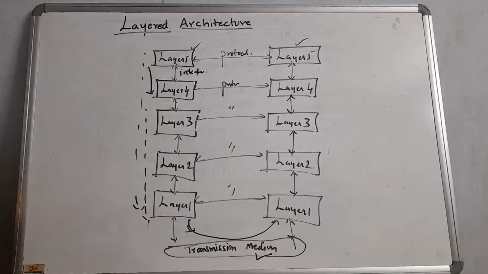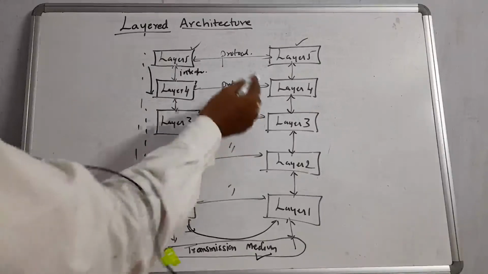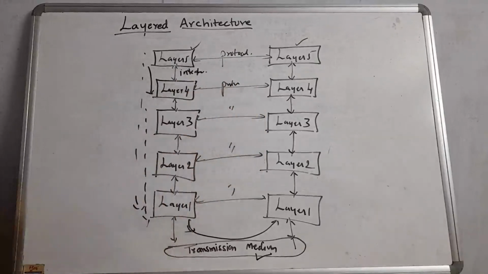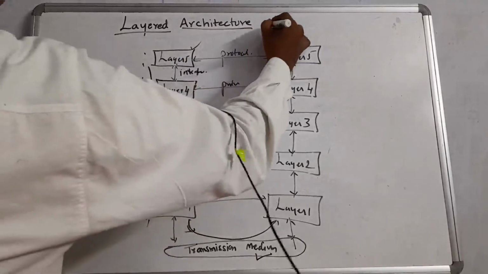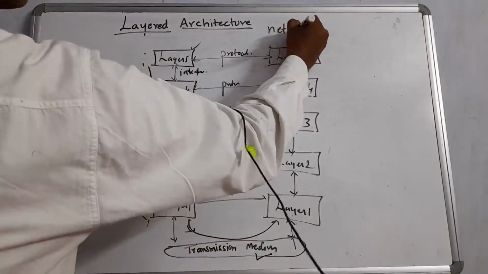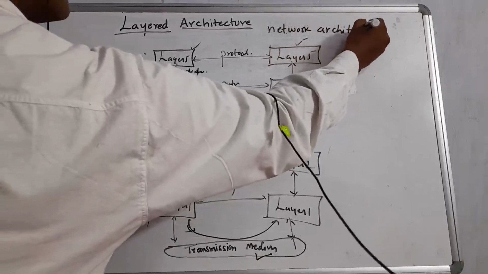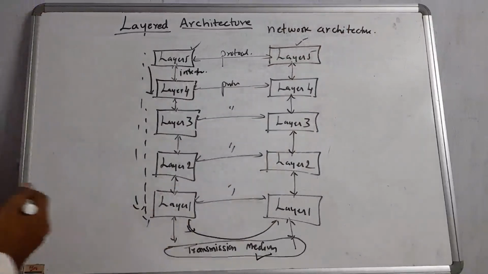It also ensures that the implementation of one layer can be easily replaced by another implementation. This set of layers and protocols is known as the network architecture.